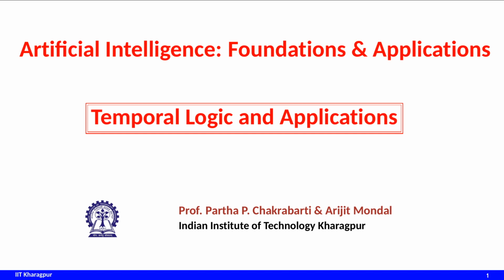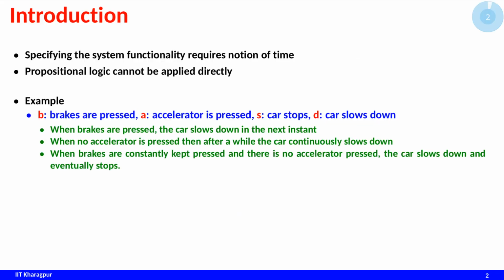You have already seen basic propositional logic and first order logic, and there is no notion of time. For specifying the properties of a system, we often require the notion of time, and we will not be able to use propositional logic in the normal form to solve those scenarios.